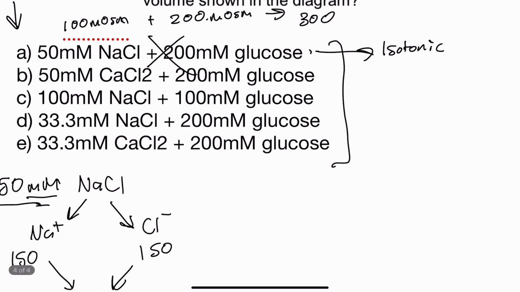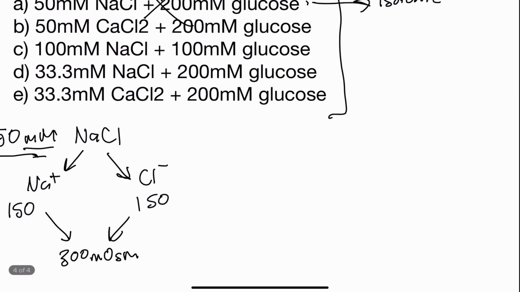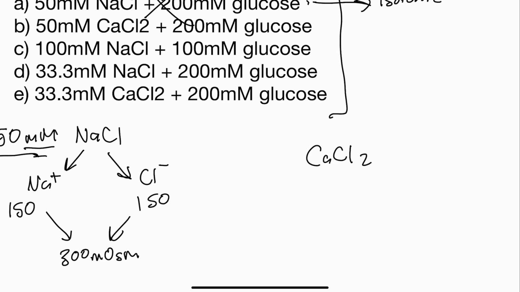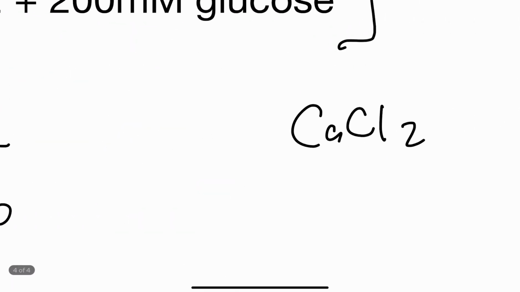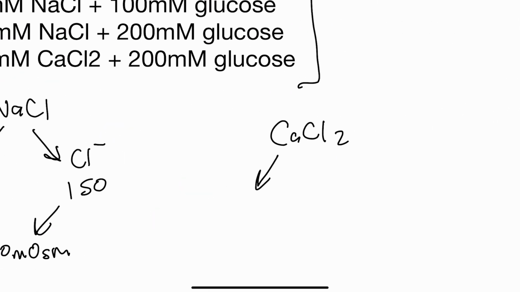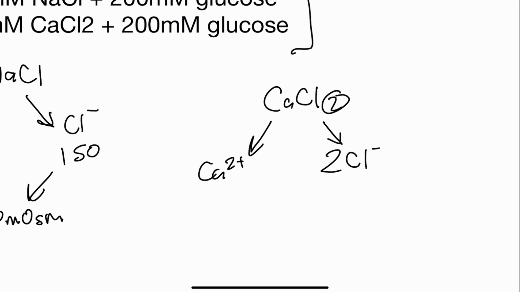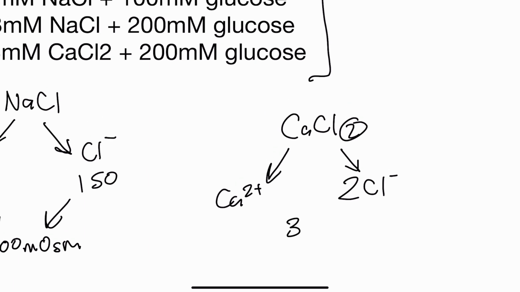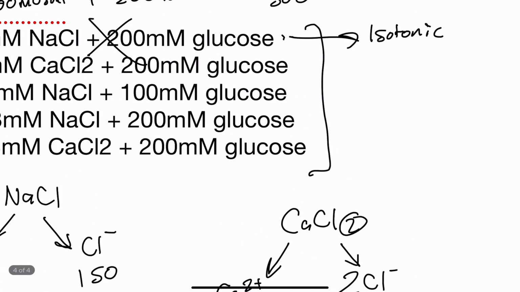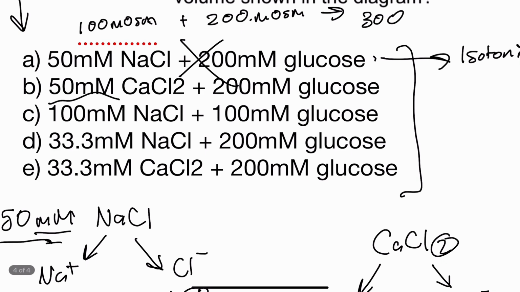Let's look at B. In B, we have CaCl2, which is interesting. So let's write CaCl2 here. How would it be different to NaCl? Well, as you see here, we took apart the constituent ions, so let's do the same thing for CaCl2. We have Ca2+, and we have Cl-. But if you look here, we have 2 Cl-. So that means we have 3 constituent ions. Now, 3 constituent ions means that instead of multiplying our concentration in millimolar by 2, we're multiplying it by 3.